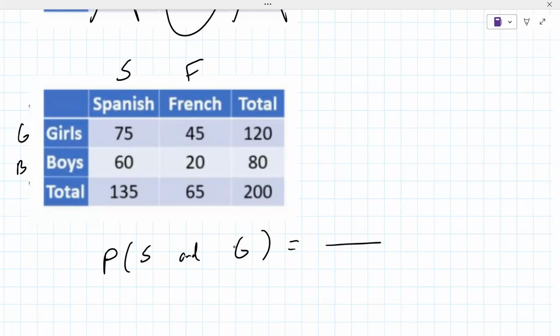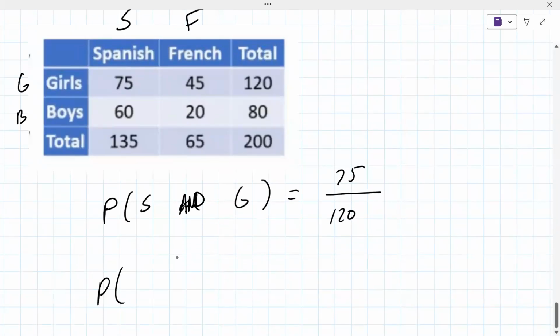And, and, so and is a single cell. So 75 over 120. We don't need to reduce.